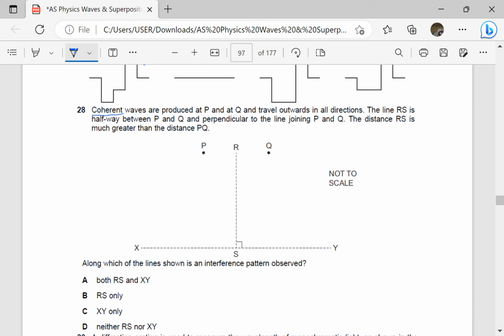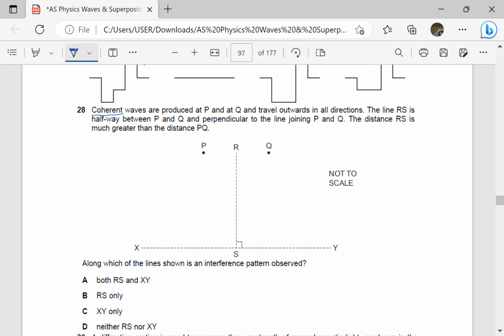Along which of the lines shown is an interference pattern observed?